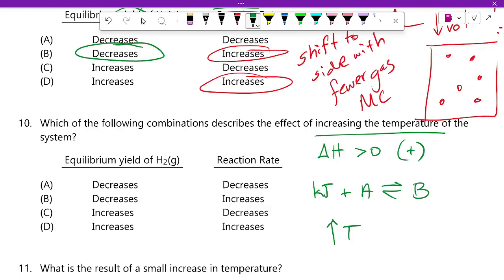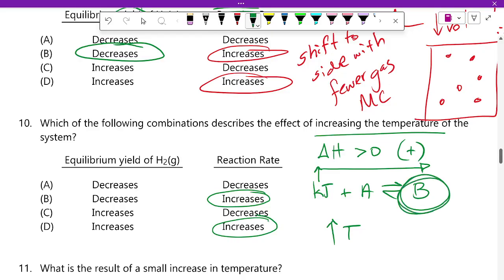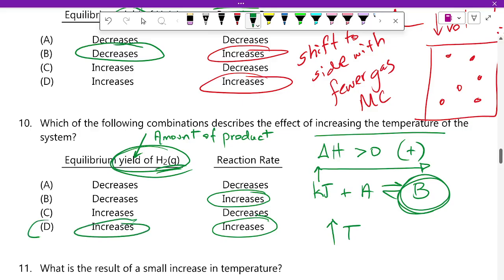If we increase temperature, rate increases. So it's either going to be B or D. And then if we increase the temperature, which direction do we shift? To the right, to absorb the extra heat. Okay, and so we are going to get more product. Remember, yield is amount of product, and in this case specifically H2. And since we're shifting to the right, we're going to get more product, so it's going to be D.